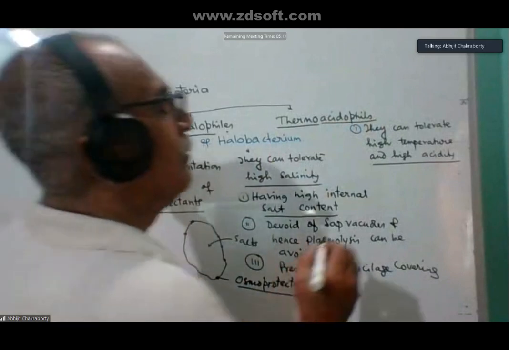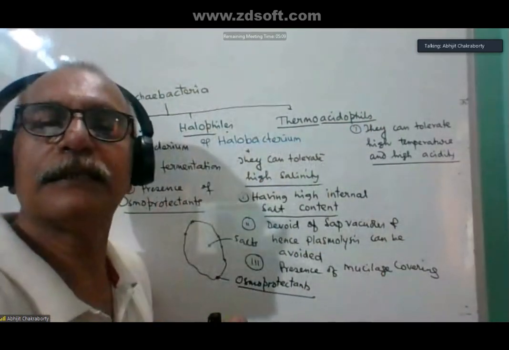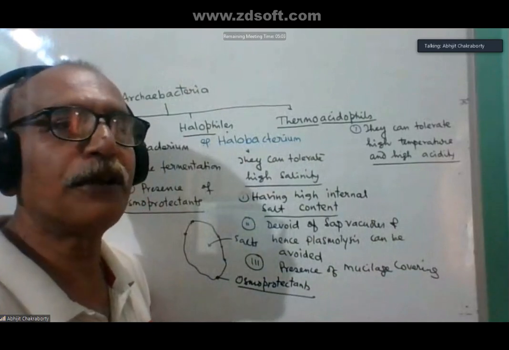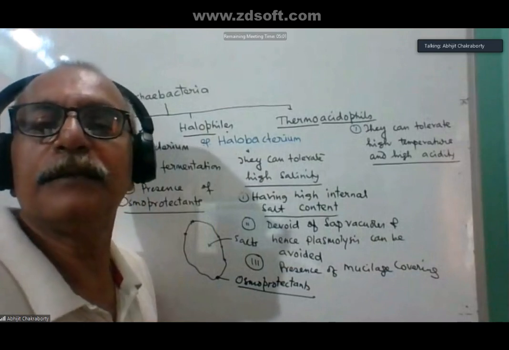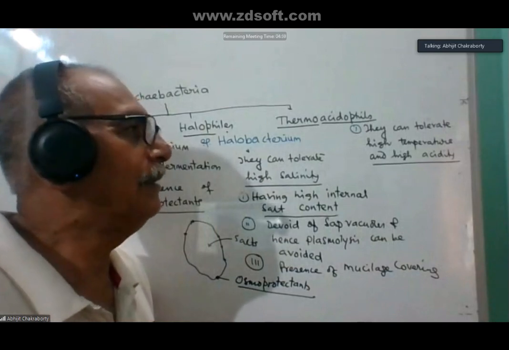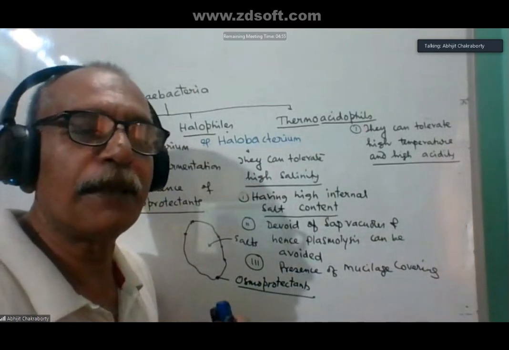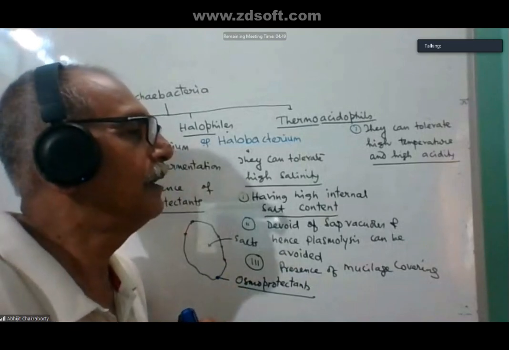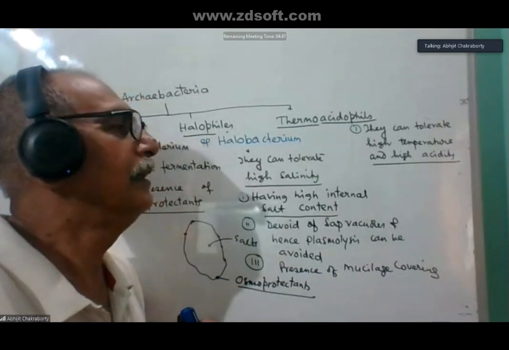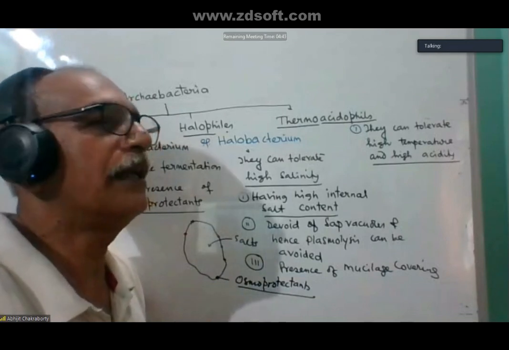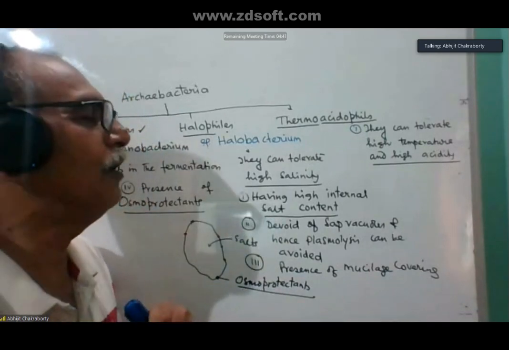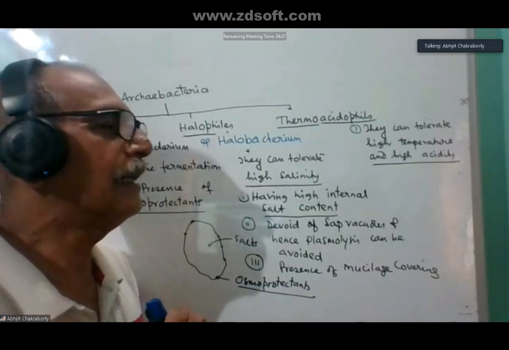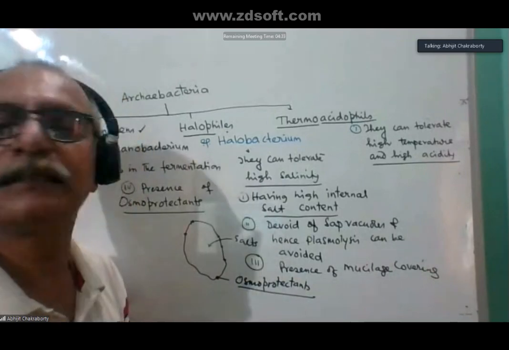Now, how can they tolerate high temperature? They can tolerate high temperature due to the presence of branched chain lipid in their cell membrane. I am repeating it again. Due to the presence of branched chain lipid in the cell membrane, they can tolerate high temperature. Is it clear to you?